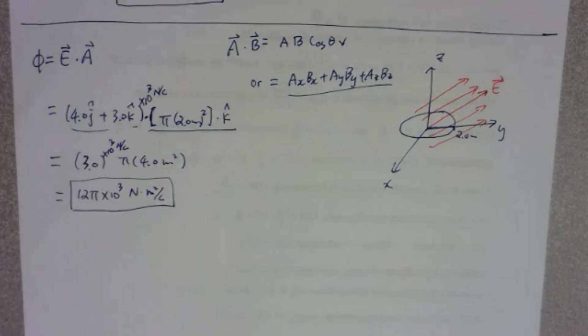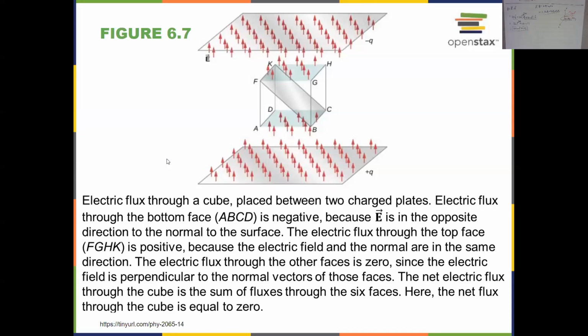All right. Now let's get back to the PowerPoint slide. If you have an enclosed surface, okay, so let's say the surface of this cube shape, and then you have E field in the direction of these red arrows, right?